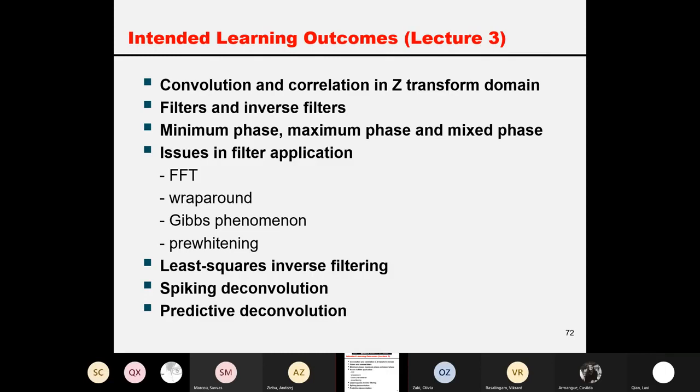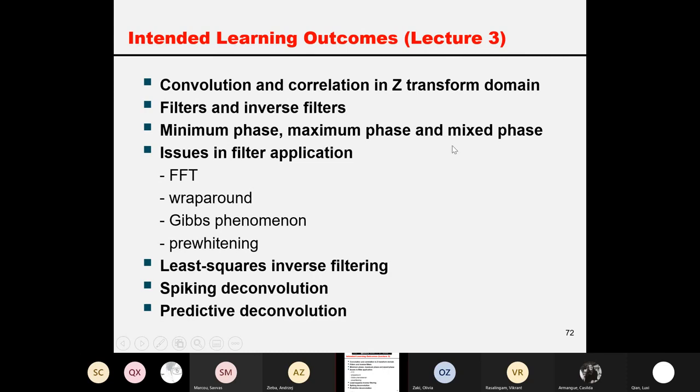They are both filters, but one is the inverse of the other, right? That's the thing. And for the success of an inverse filter, we do need the filter itself to be minimum phase, right? So we introduced the difference between the filters by minimum phase, maximum phase, or mixed phase, right?